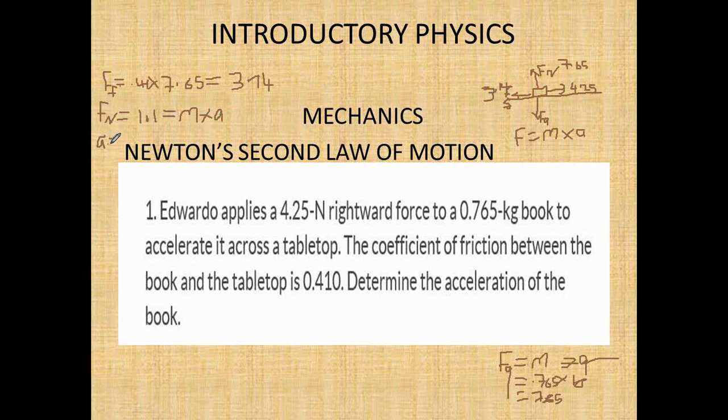So your acceleration is equal to the net force, which is 1.1, and you're going to divide that by the mass of the book. The mass of the book is 0.765. So 1.1 divided by 0.765 is equal to 1.45.